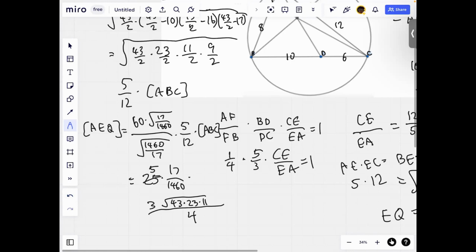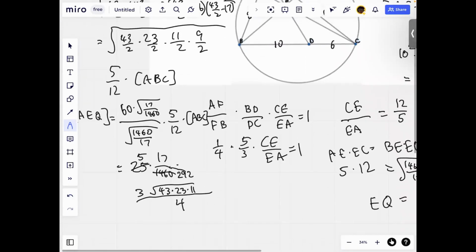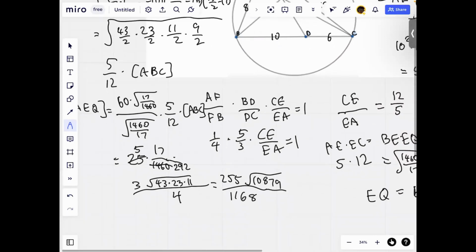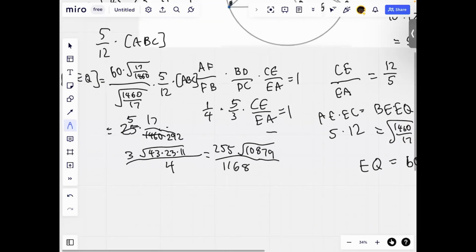And we can cancel 5 here. And then this is just our answer, and then we just calculate. After we calculate this, it simplifies to this, and this is our answer.